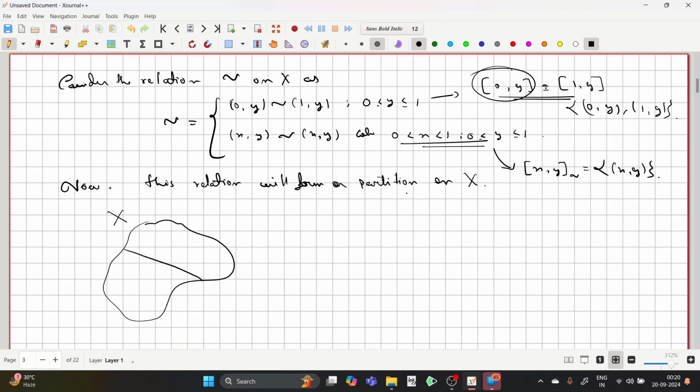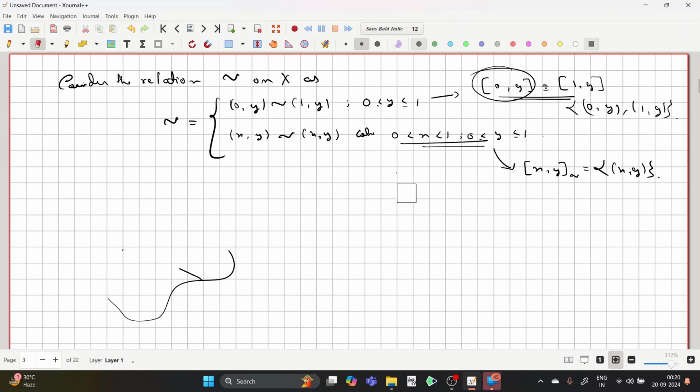Right. So now let me make this part a bit more general.